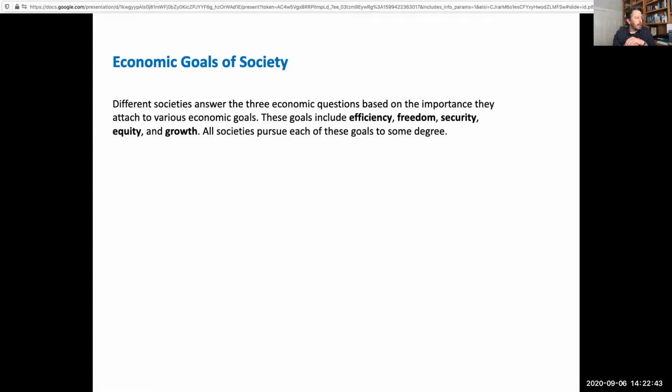And is that fair? Is that equitable? That's a question that societies have to ask. At what point in time do you take more taxes from the wealthy to keep that income gap from getting too large?